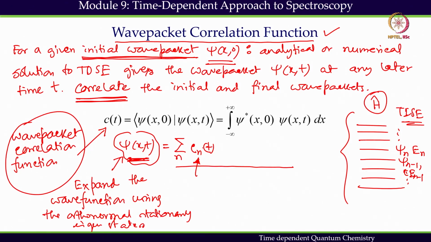So Cn is giving you the population at the nth state. These are the usual meanings we have been using for a long time in this course. So we have the time independent part, the time dependent phase factor, and the associated expansion coefficient, which is going to control the population at time t in that state.